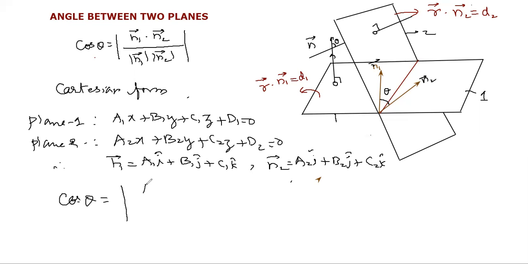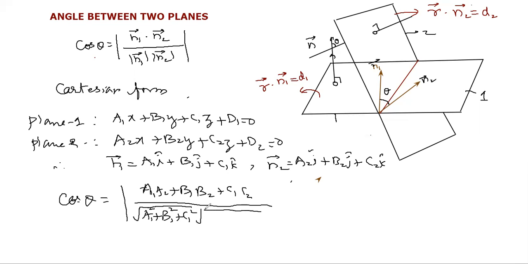So cos theta is equal to a1a2 plus b1b2 plus c1c2 over the magnitude of n1, that is under root a1 square plus b1 square plus c1 square, into the magnitude of n2, under root a2 square plus b2 square plus c2 square.